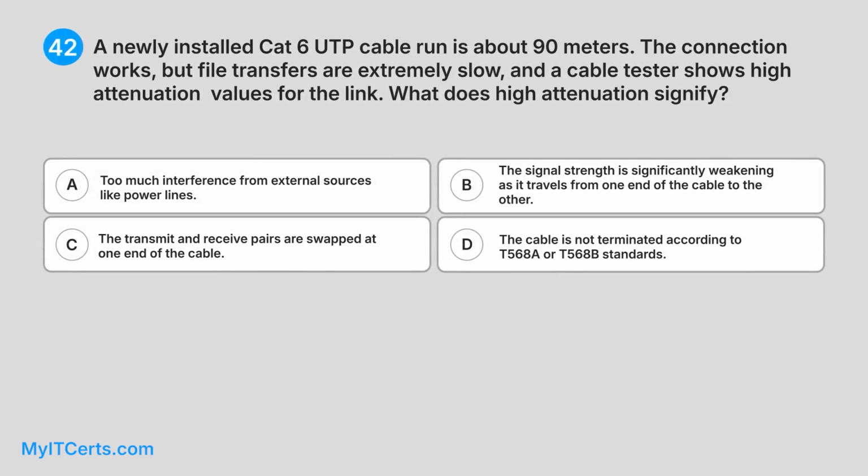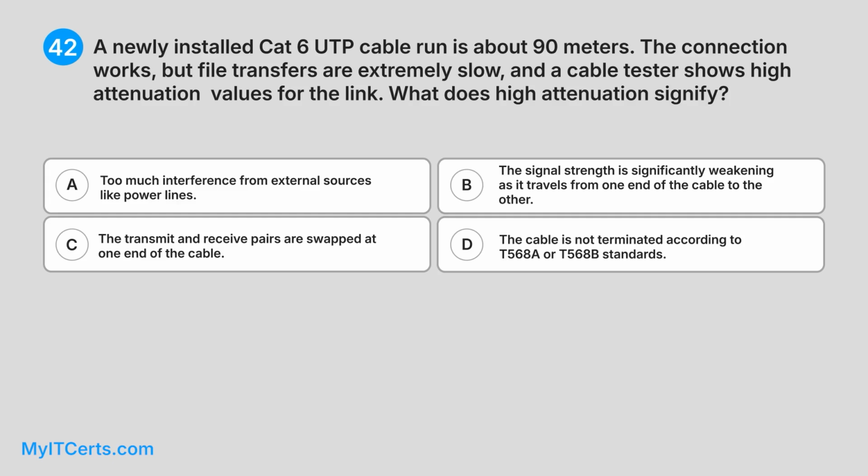42. A newly installed Cat6 UTP cable run is about 90 meters. The connection works, but file transfers are extremely slow, and a cable tester shows high attenuation values for the link. What does high attenuation signify? A. Too much interference from external sources like power lines.